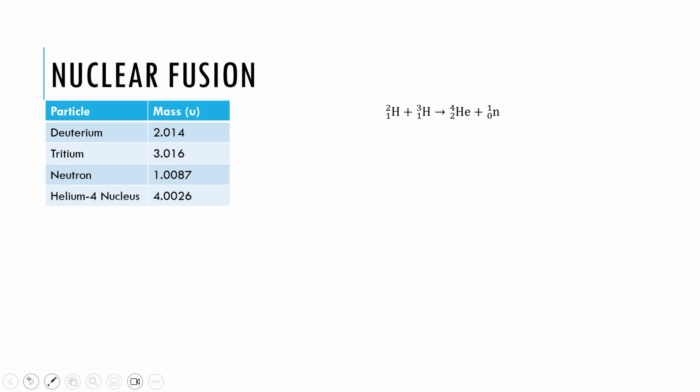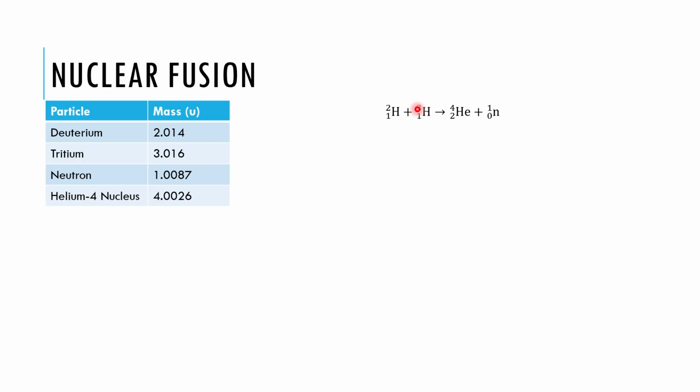So let's have a go at demonstrating the concept that nuclear fusion will release energy due to a mass defect. In this example, we are going to look at the combination of a deuterium and tritium atom, both hydrogen atoms, but carrying one extra neutron and two extra neutrons respectively, compared to the more common hydrogen with just a proton in it.